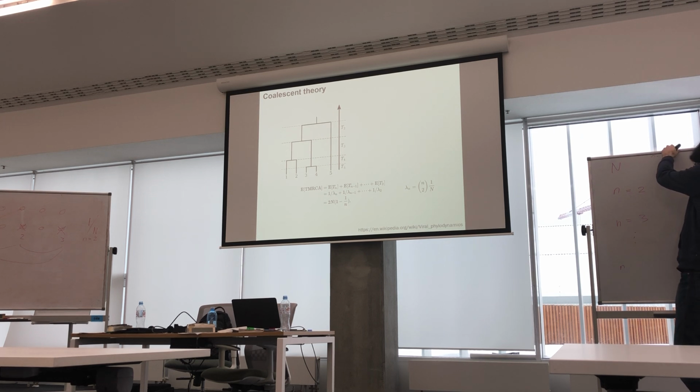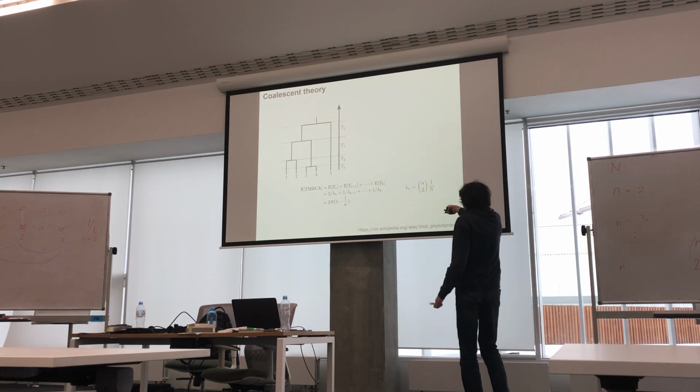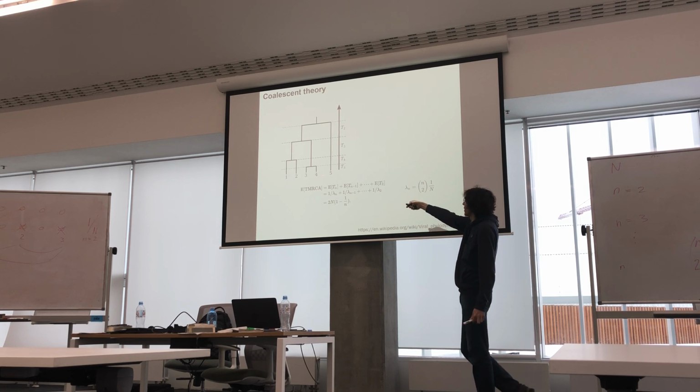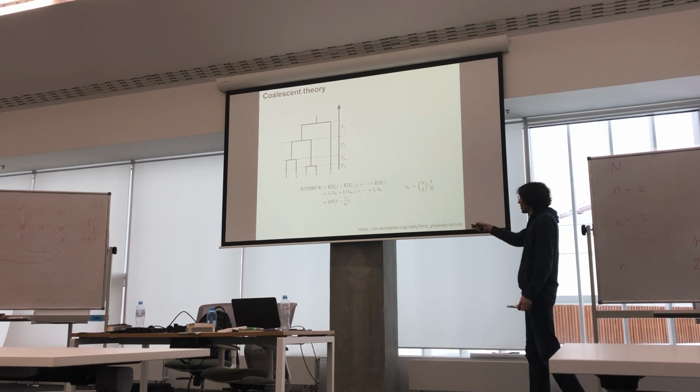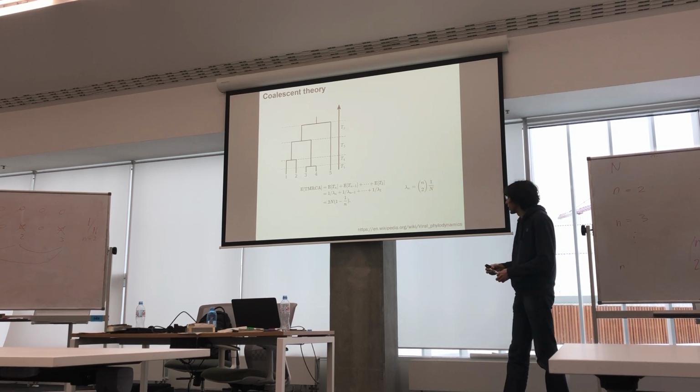The combinations of m choose 2, and for each such combination, this is multiplied by this rate of 1 over n. Okay? So here, if we have a sample size of 5, this will be what? 10 times 1 over n.